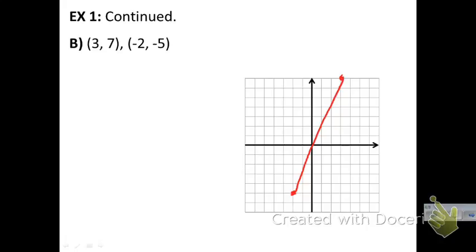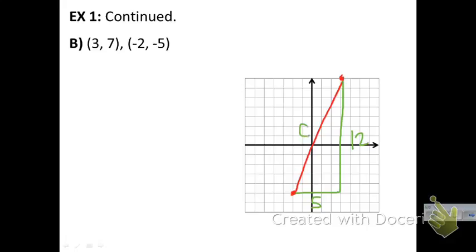And then I'm also going to use that to construct a right triangle, because we can count that horizontal distance and the vertical distance really easily. So our horizontal distance is 5. And our vertical distance is 12.